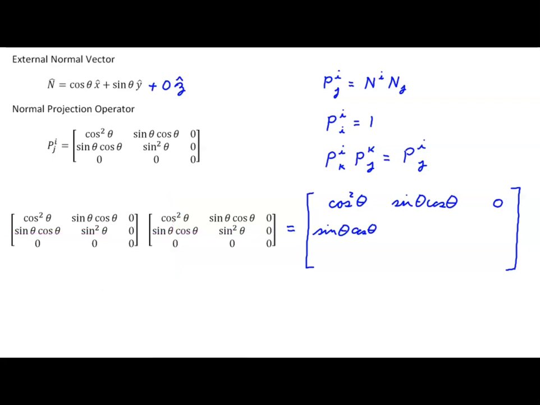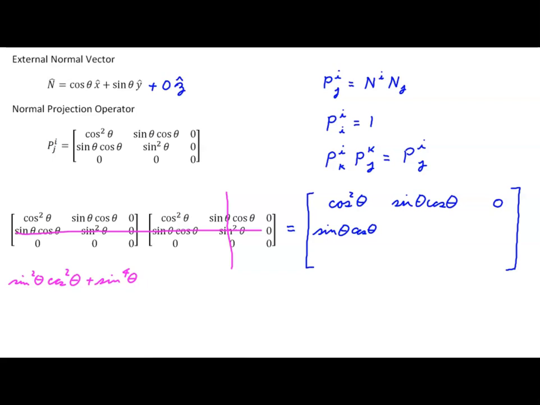Next one is going to be this row times this column. That's going to be sine squared theta cosine squared theta, plus this term times this one, which is the sine fourth of theta. And of course, we can factor out the sine squared theta, leaving us again with a factor of cosine squared plus sine squared being equal to 1.